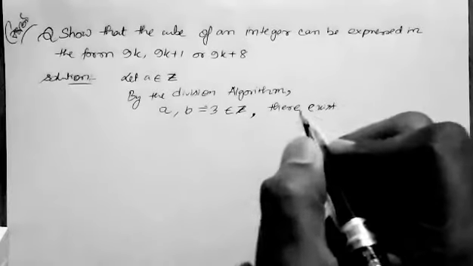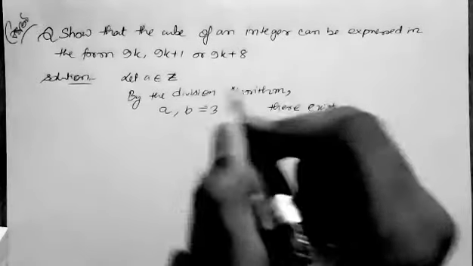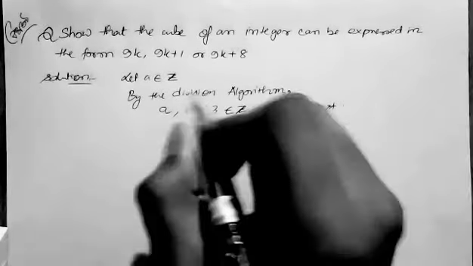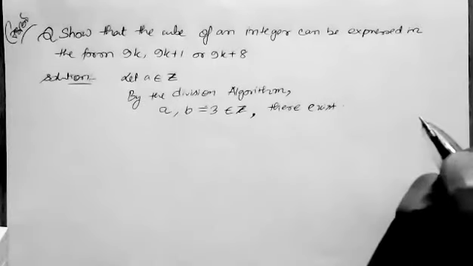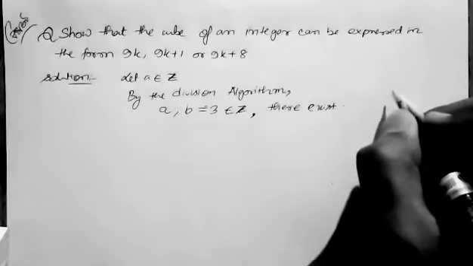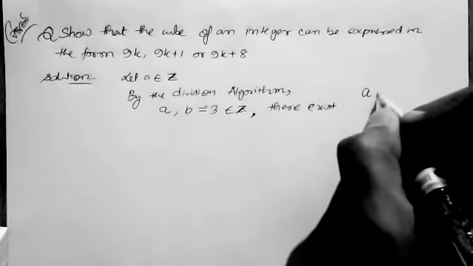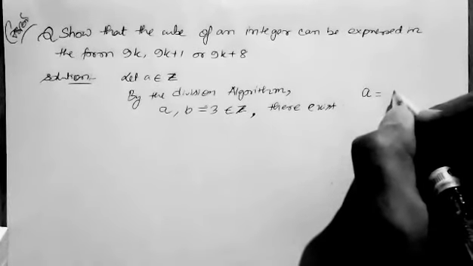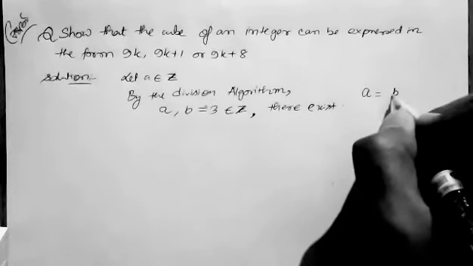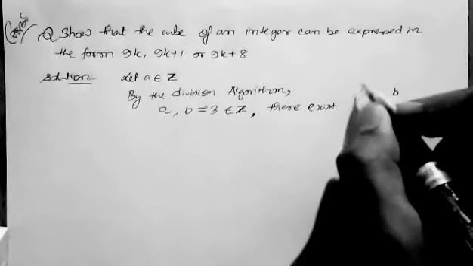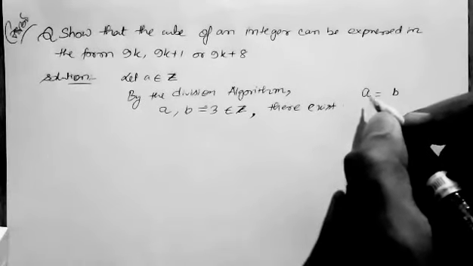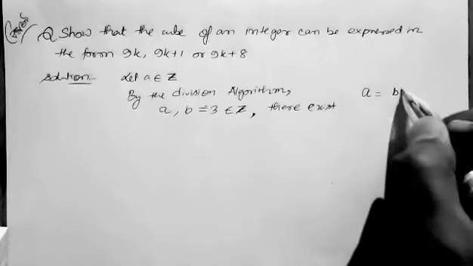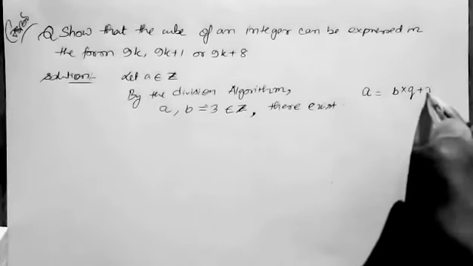I guess you remember from the previous class, what is the division algorithm? What was the expression for it? It was that if a is an integer and it is divided by, say, b, then it can be expressed as a is equal to b into q plus r, okay?